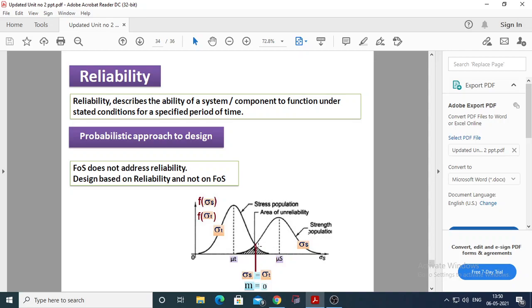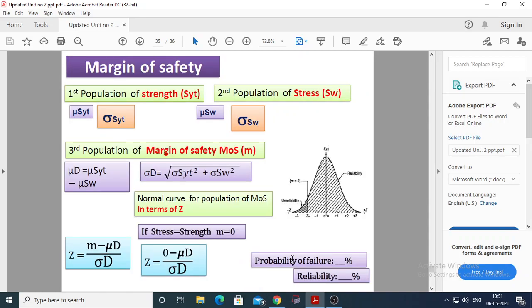Here mu s is given for the mean of the material strength, and mu sigma is the mean stress. Both values are given in Newton per mm square. F sigma is the factor of safety for the standard deviation, and sigma s is given for the strength.